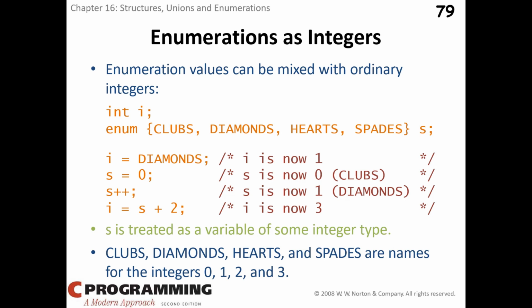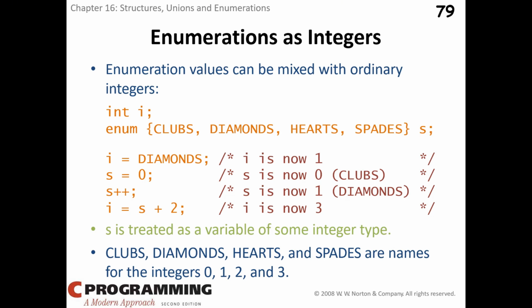We assign it the value 0, which corresponds to clubs, increment s by 1, which makes it diamonds, and then perform an arithmetic operation using s, such as adding 2 to it and storing the result in i. Essentially, clubs, diamonds, hearts, and spades serve as symbolic names for the integers 0, 1, 2, and 3.